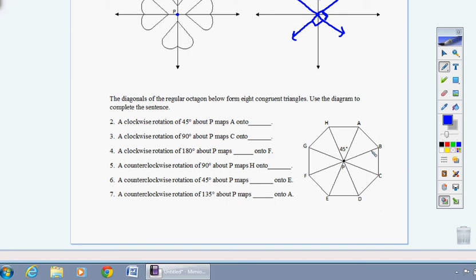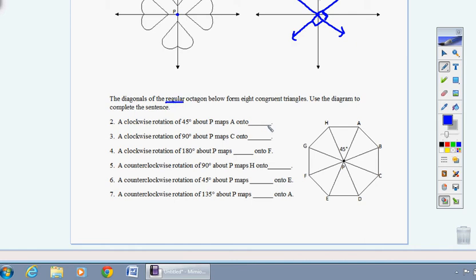Okay, so let's go to the final few examples here on this rotations day 1. The directions say the diagonals of the regular octagon below form 8 congruent triangles. Use the diagram to complete the sentence. So number 2 wants us to do a clockwise rotation of 45 degrees. Notice that we have a 45-degree angle here. And now let's think back to chapter 6 when we talked about the word regular.